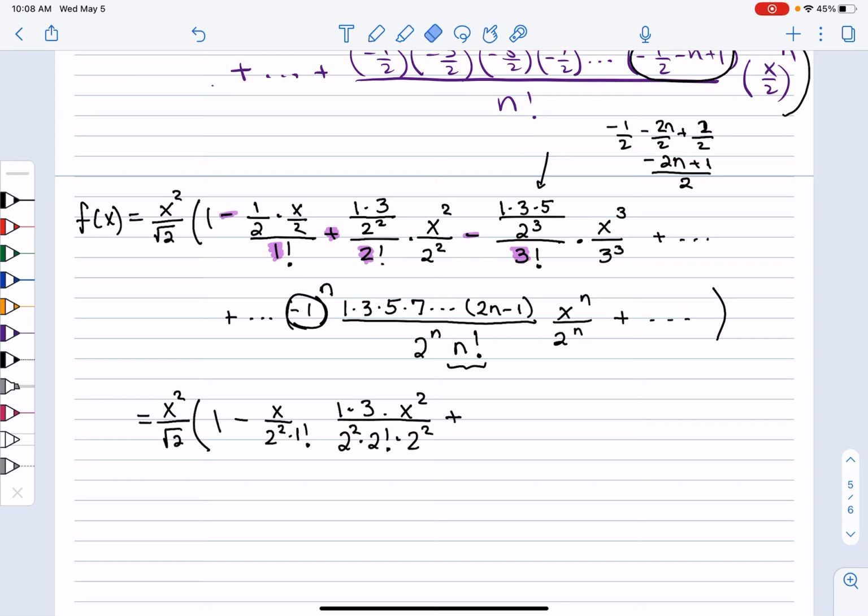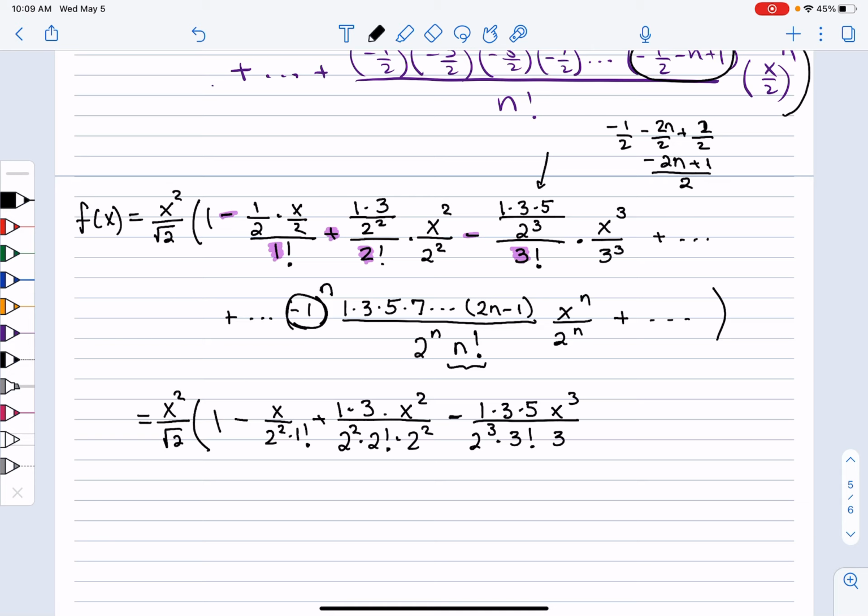I forgot the plus. So this was a plus, and now it's going to be a minus: 1 times 3 times 5 times x to the third power over 2 to the third times 3 factorial.